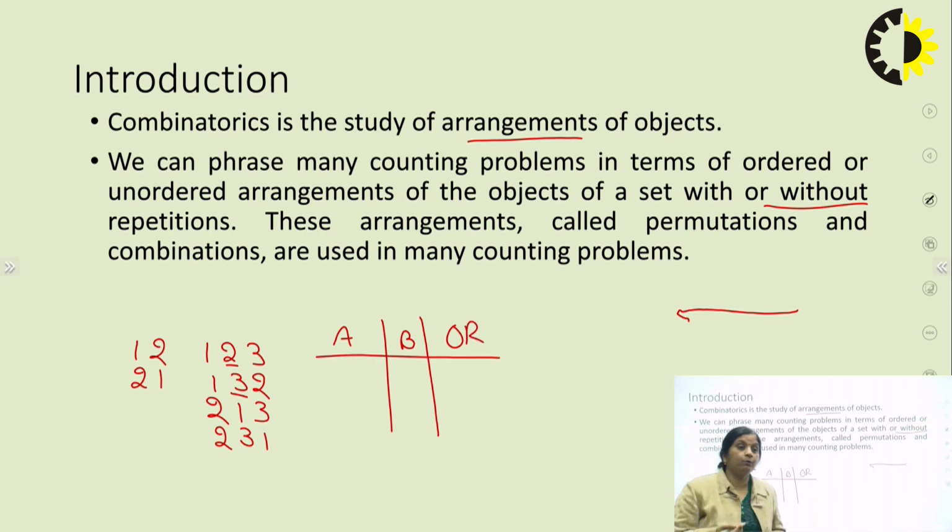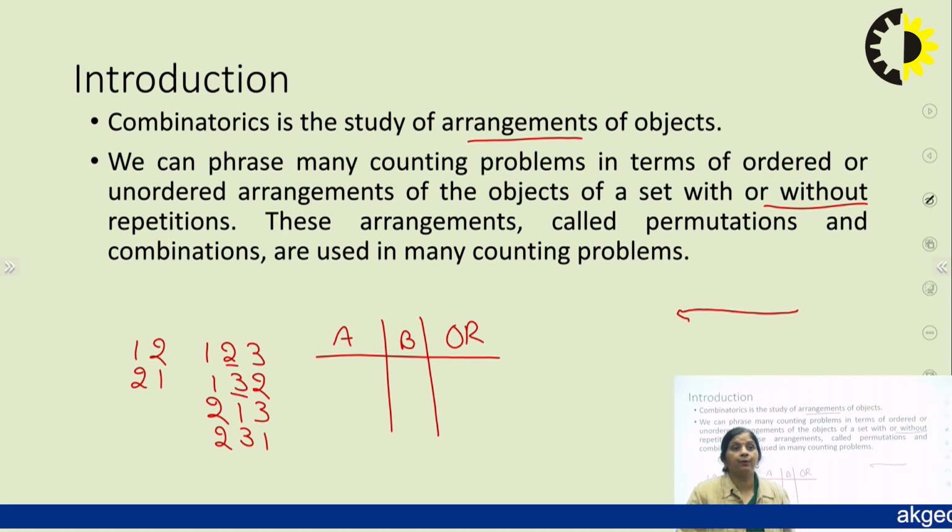Now, what could be the possible arrangements of input? That is a problem of combinatorics. We need to count how many input arrangements there are. Both can be false. One can be false, that is, A can be false and B can be true.